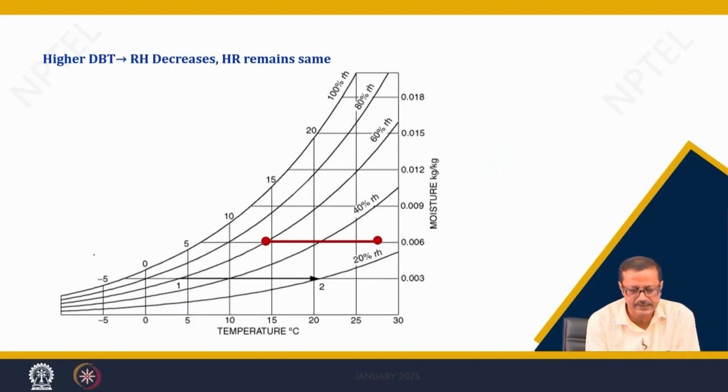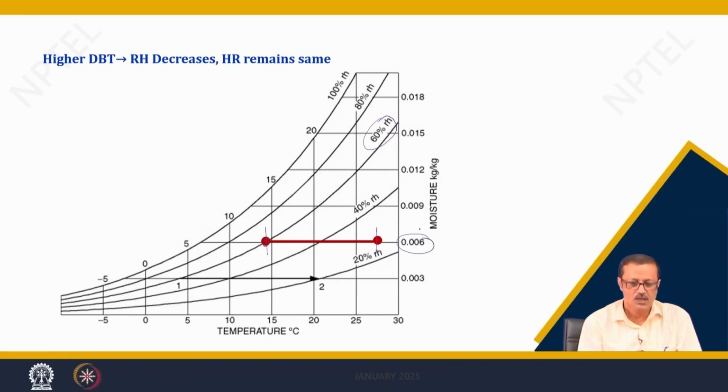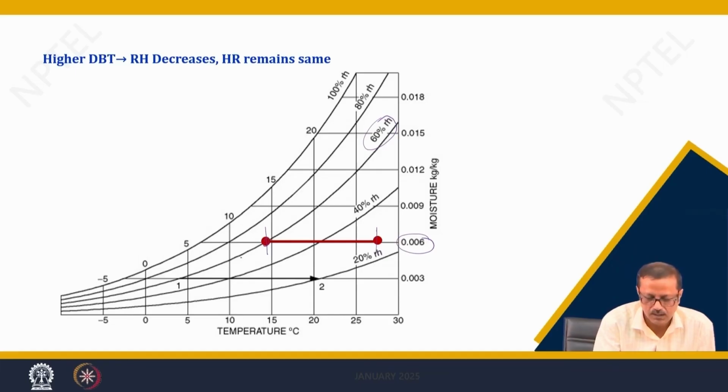If the dBT changes, that means sensible heat changes from one place to another. You see at this particular point you have 60% RH, and you do not have any change in the y axis, which means your moisture content or humidity ratio remains the same, but your RH decreases; it is something like 30% now.